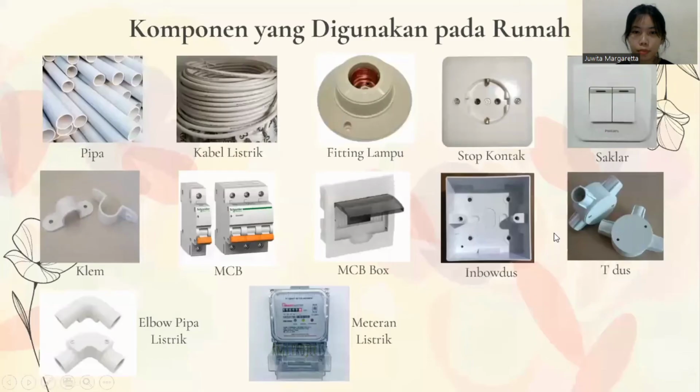Next, this is the component that I use at my house. There are pipes, electric cables, light fittings, electric sockets, switches, lamps, MCB, MCB box, and other ducts, electric elbow pipes, and electric ladders.